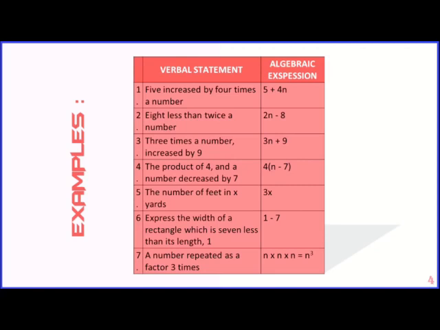In algebraic expression is 2n minus 8. Third, in verbal statement there are 3 times a number, comma, increased by 9. In algebraic expression, there are 3 times n plus 9, etc.